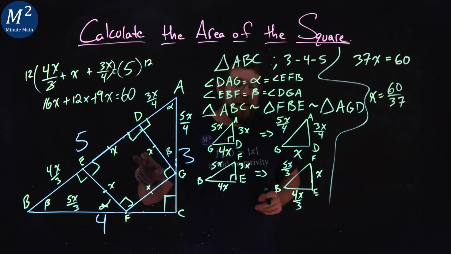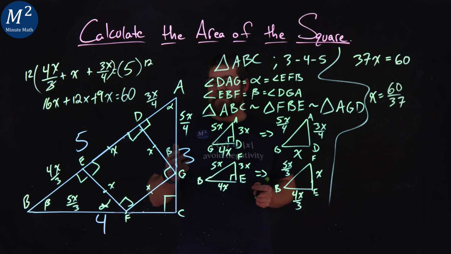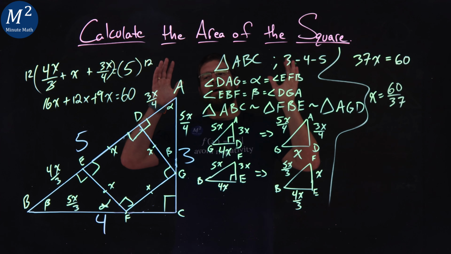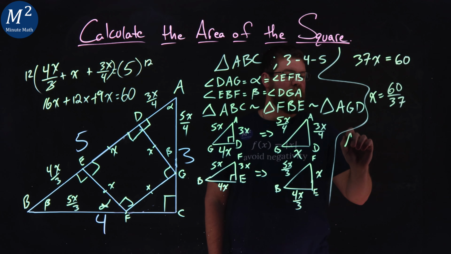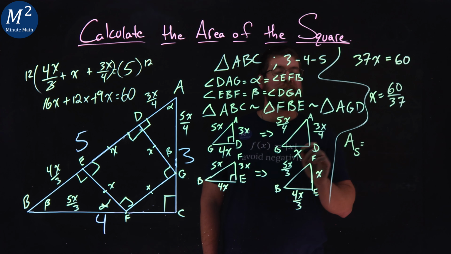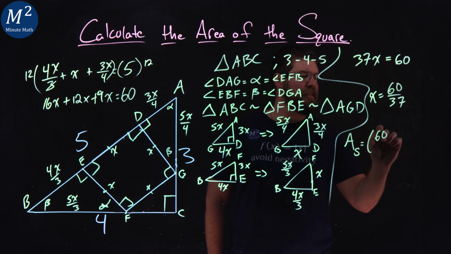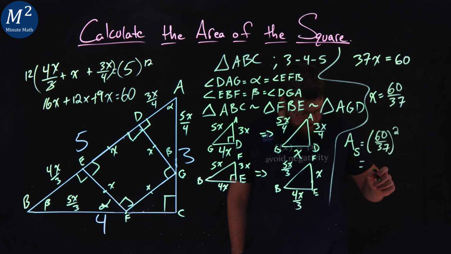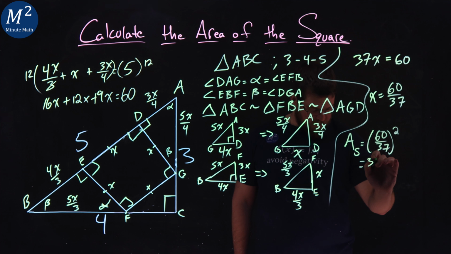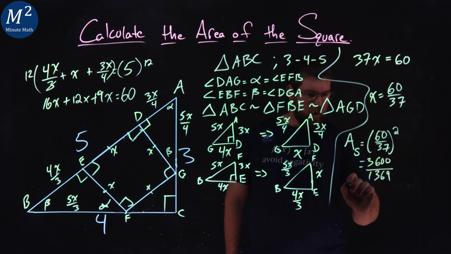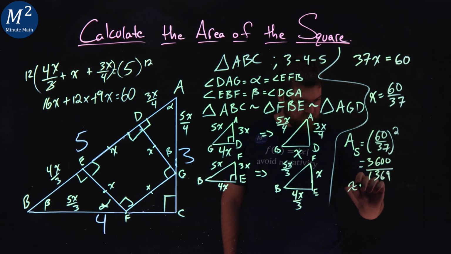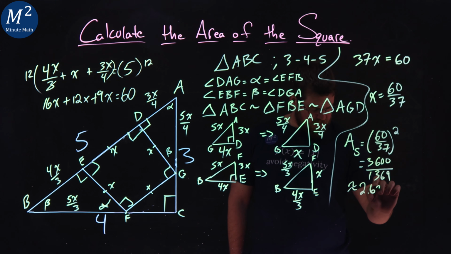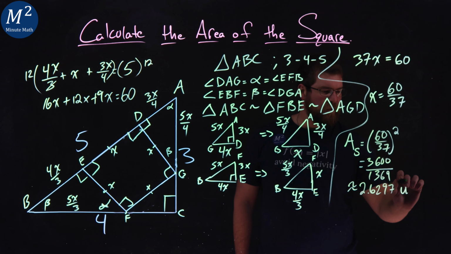And so the side length of our square, which we found, is 60 over 37. But the question is asking us for the area. The area of our square is side length squared. So it's 60 over 37 all squared, which comes out to 3,600 over 37 squared, which is 1369, or approximately, as a decimal, 2.6297, and that's units squared.